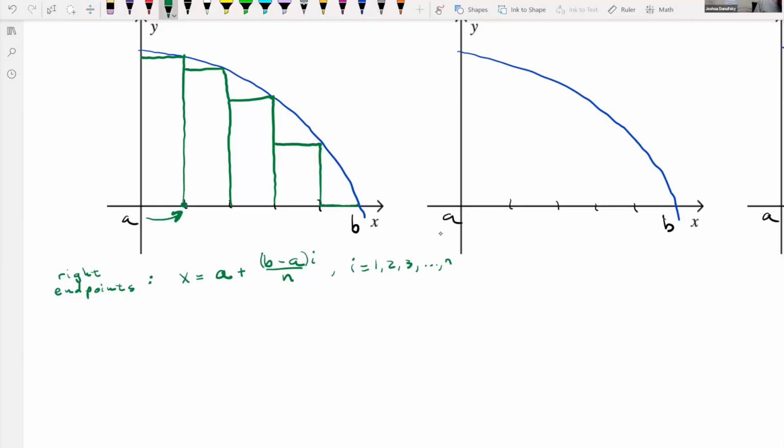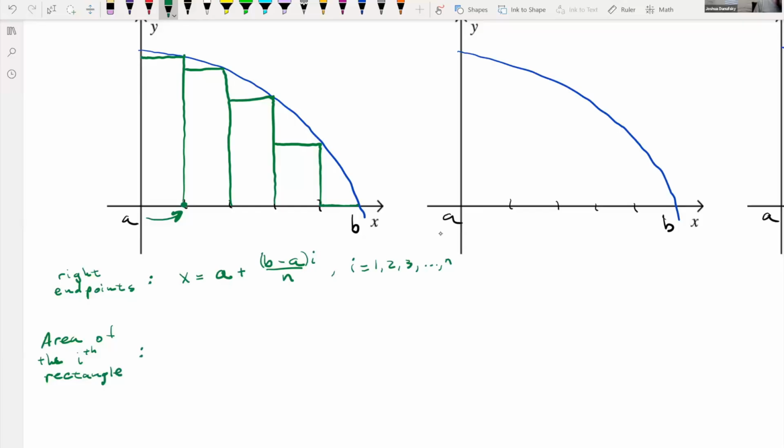From there, if we want to find the area of one of these rectangles, let's just say the area of the ith rectangle, that's just referring to the 5th or the 6th or the 7th rectangle, just in general, the ith rectangle. That's going to be given by what?